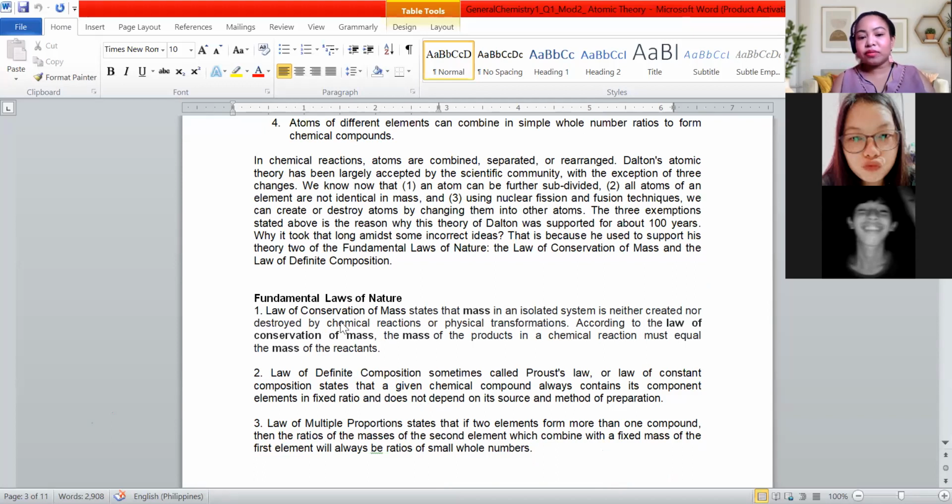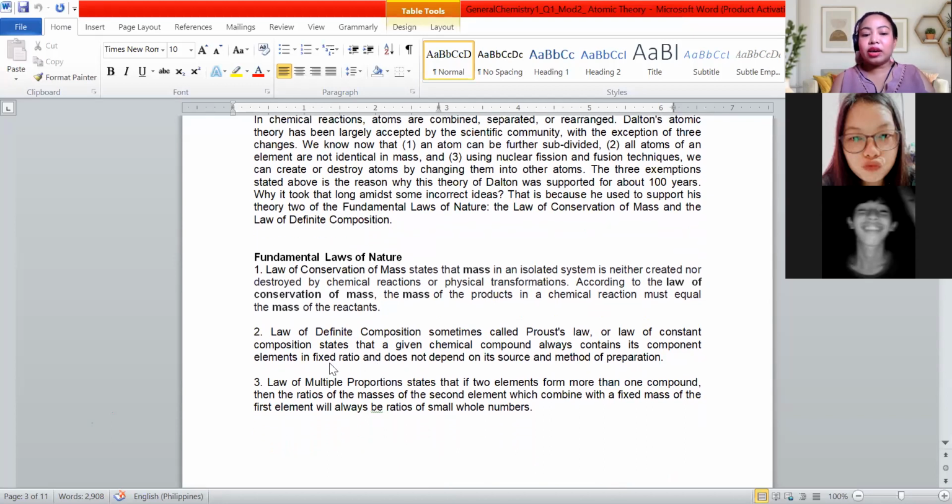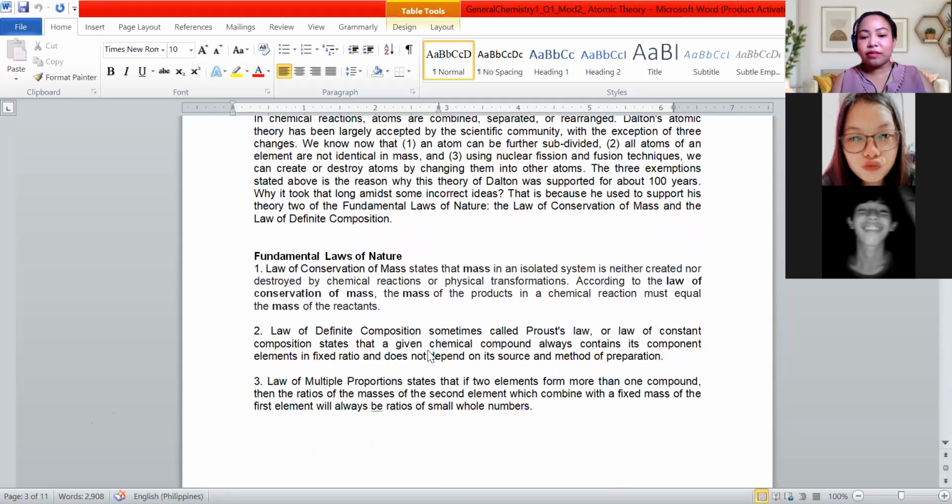So that is called the law of conservation of mass, meaning no matter what they combine with, their mass will not change. Now, in definite composition, it states that a given chemical compound always contains its component elements in a fixed ratio. Say, for example, we all know that water is made up of 2 hydrogen and 1 oxygen.